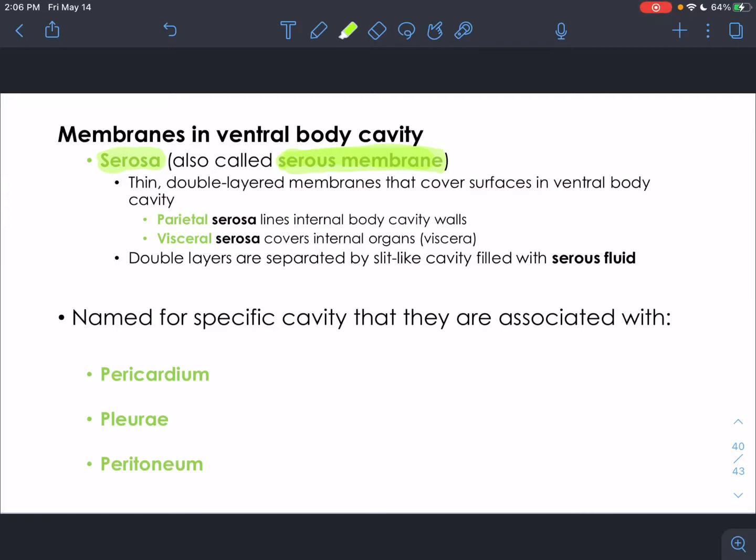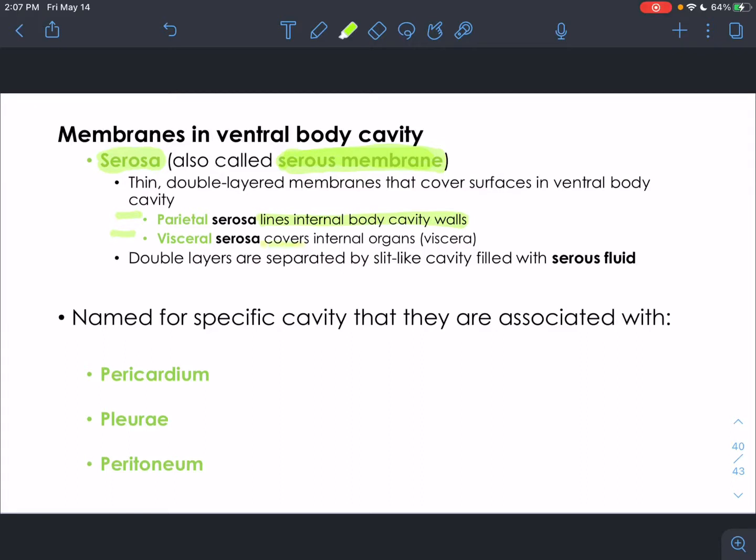Okay, and these serous membranes have specific names depending on which organ it's around and which layer of the membrane it is. Okay, so I'm going to tell you. First, we have 2 layers of the membrane, right? The layer that lines the wall of the body cavity is called your parietal.